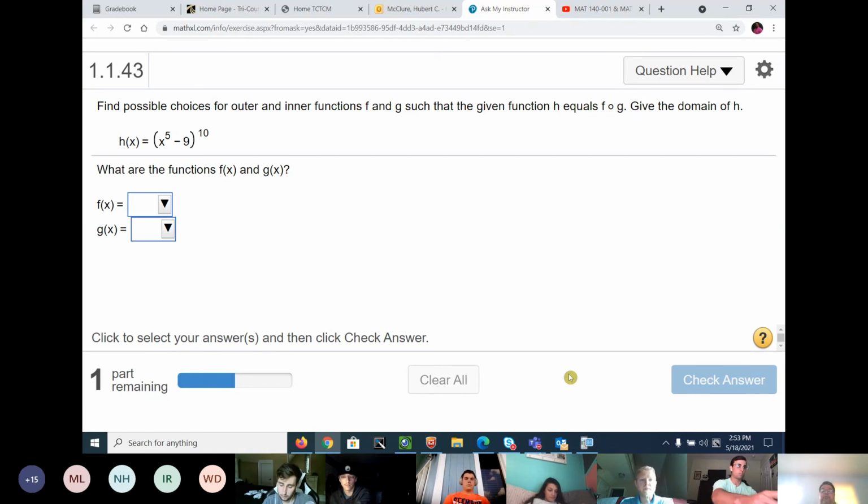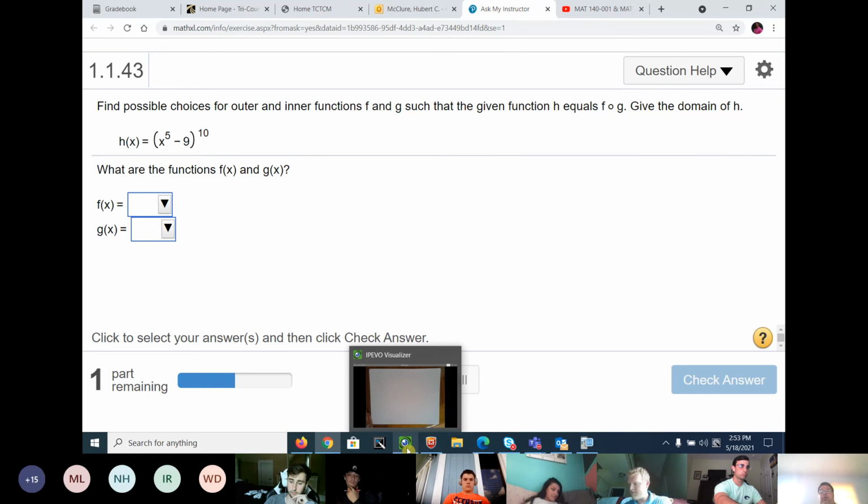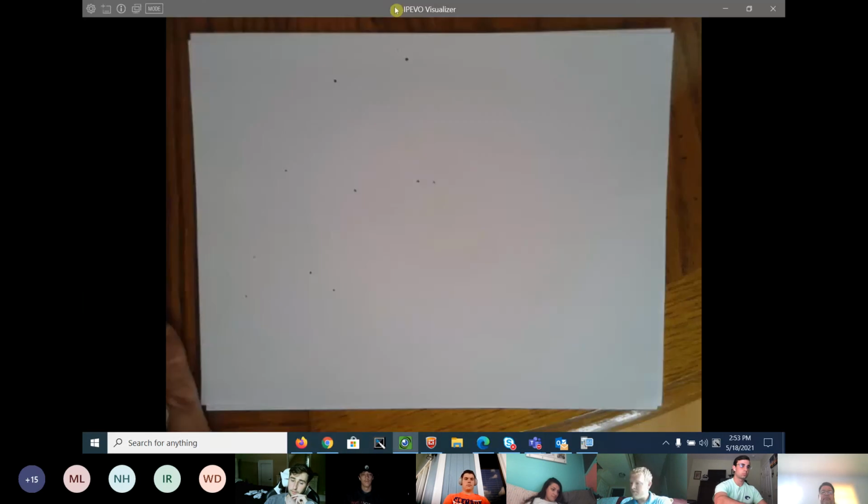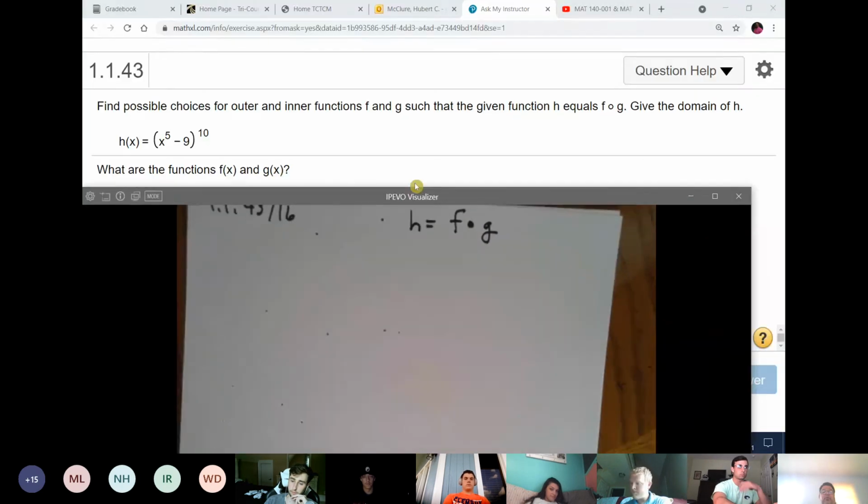H equals f composed of g. Give the domain of h. Not my favorite question. Okay, it's doable, but it can be confusing. They want to know what f of x is and what g of x is. That's what they want to know.